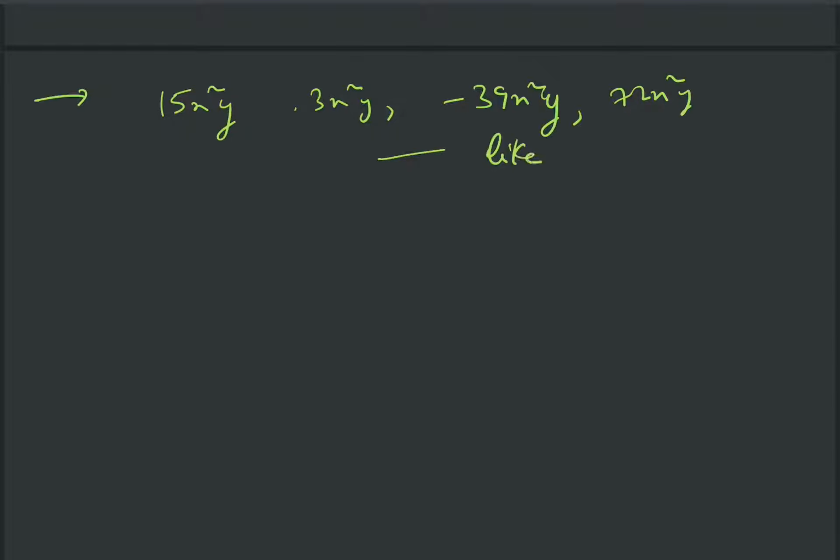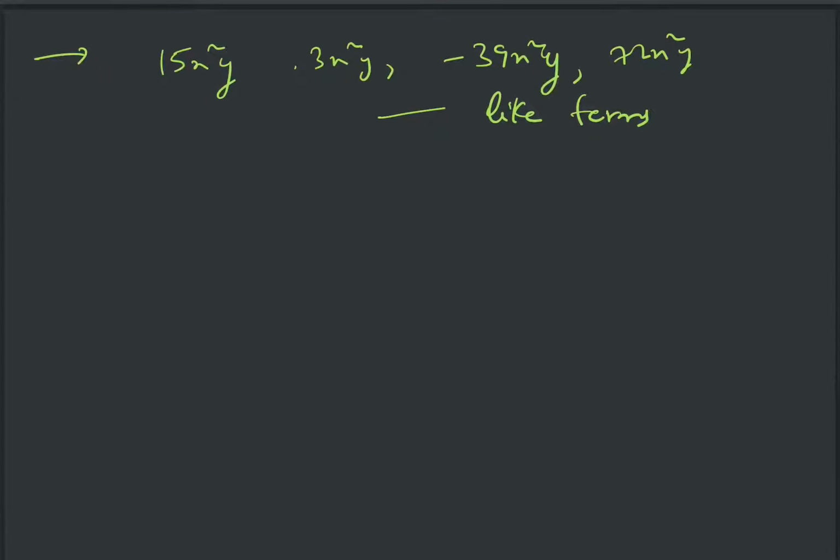For example, say 15x square y and 3x square y and minus 39x square y and say 72x square y, these are all like terms, because in each term the variables are x and y and the power of corresponding variables are equal, that is the power of x is 2 and the power of y is 1. So all these terms are called like terms.